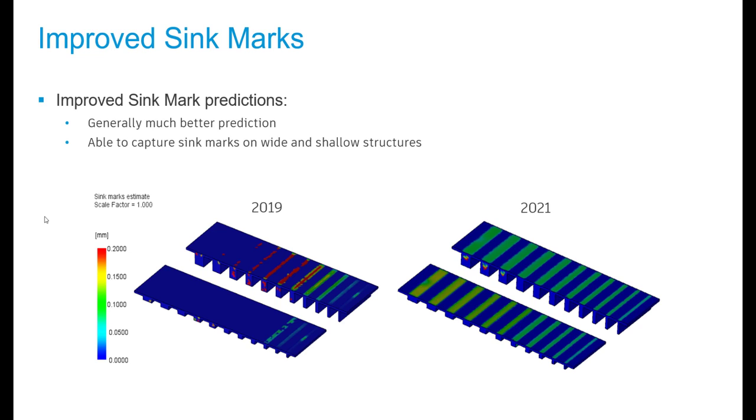So in the 2021 release, we now have the ability to predict sync marks on narrow, thin areas as well. So we have a much better chance of catching all the sync marks that are occurring. So a much improved experience is available for both the Insight and Advisor.